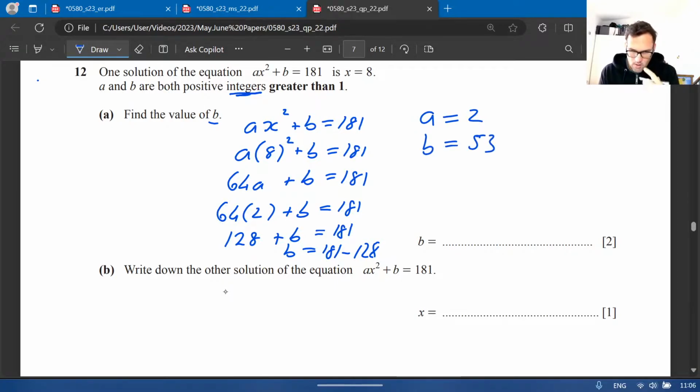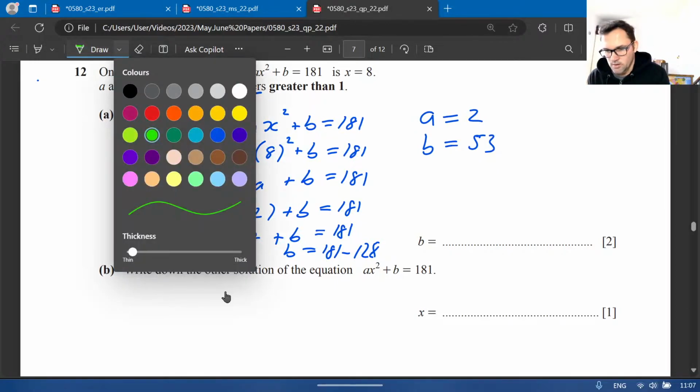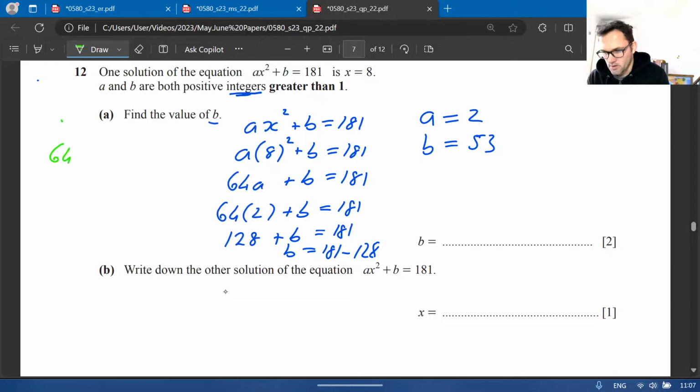Okay. What if a was 3? That's just for investigation. If a was 3, what's 3 times 64? Well, that's 192, right? Isn't it? Yeah.